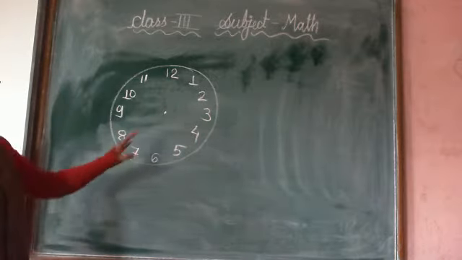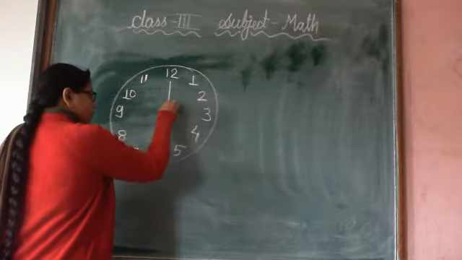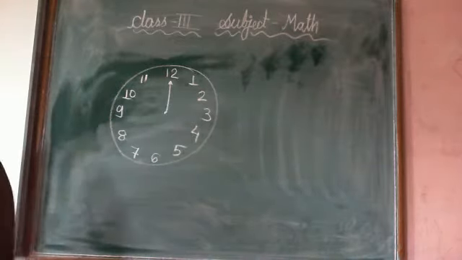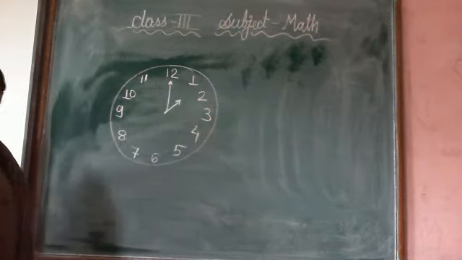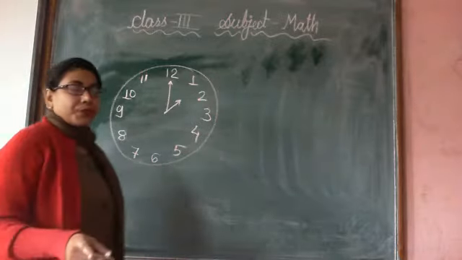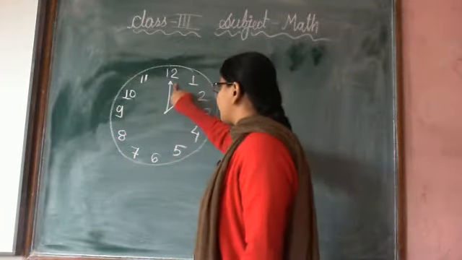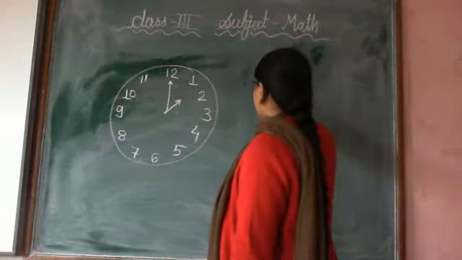So, this is the dial or face of the clock. This is the long hand or minute hand, and this is the short hand. Okay students, so how to read time from a clock? If the minute hand or long hand is at 12 and the short hand is at 1, that means 1 o'clock.